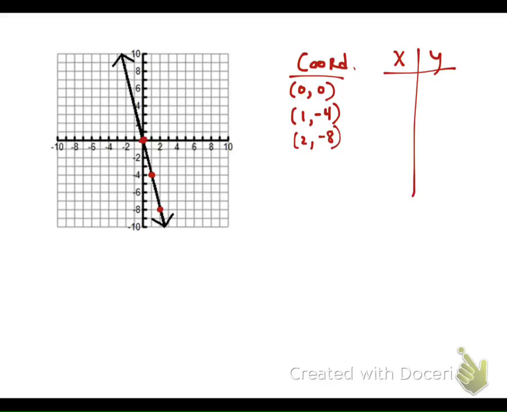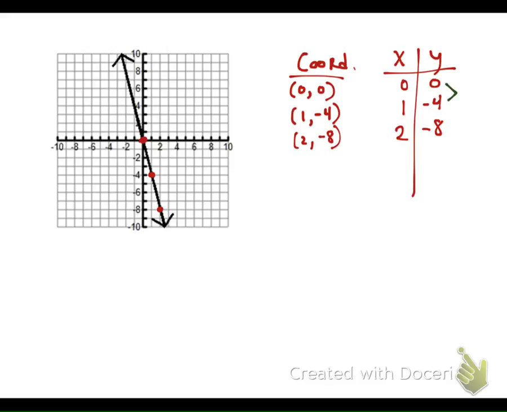And now, with just about 3 points, I can start making my table. So I'm going to put these into the table that I already have: 0, 0, 1, negative 4, 2, negative 8. And now I'm ready to find my rate of change.